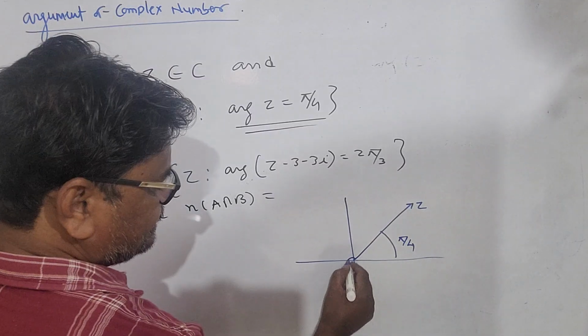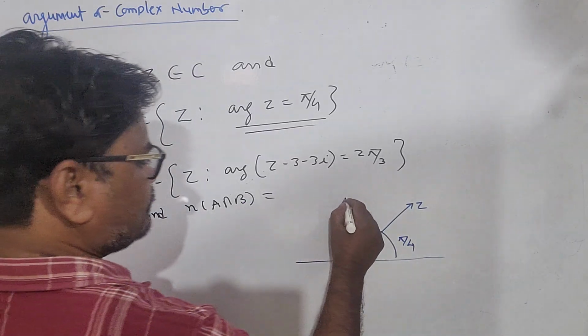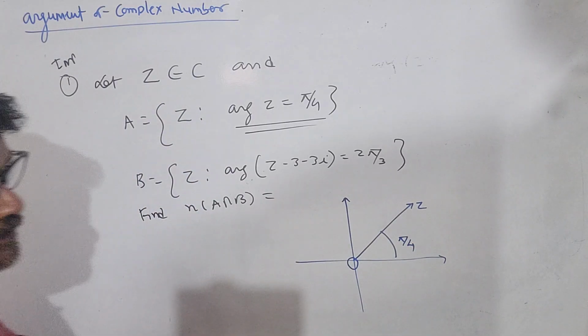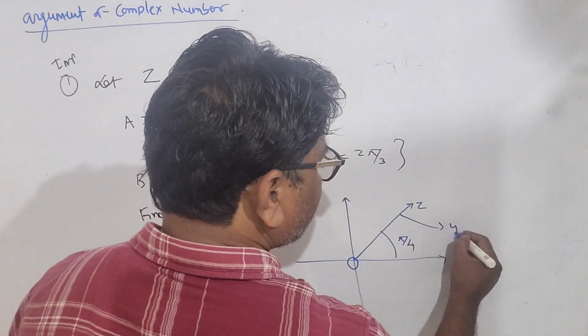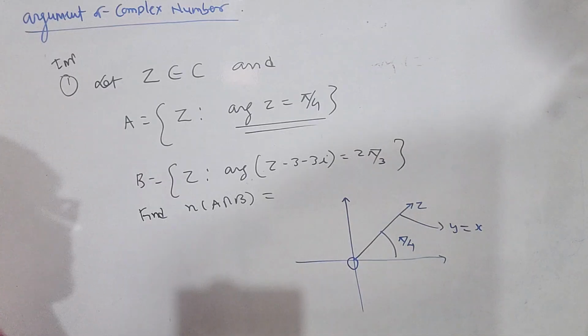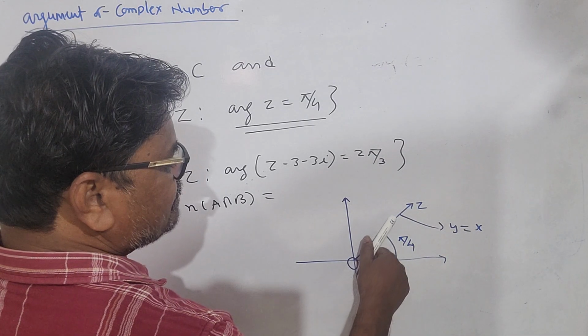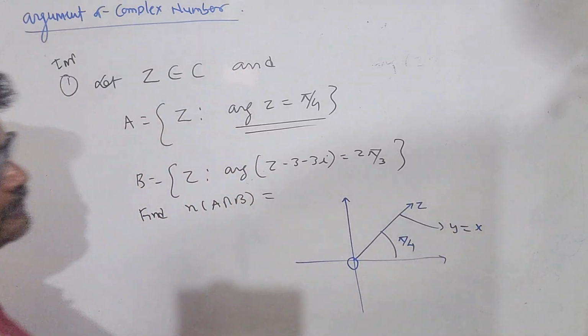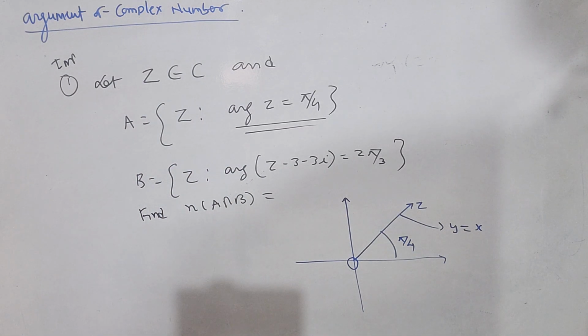The origin is not included, you know that. And pi by 4 in coordinate geometry means the line y is equal to x; it is part of the line y is equal to x, correct? So (1, 1), (2, 2), (3, 3), (4, 4), (5, 5), all these complex numbers will have the argument pi by 4.